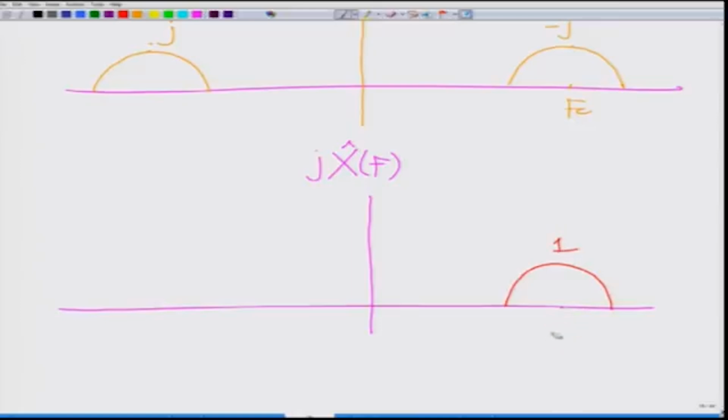This is at your carrier frequency f c, and this is at carrier frequency minus f c. The negative band is multiplied by j, multiply that by another j, that is j times j, which is minus 1.